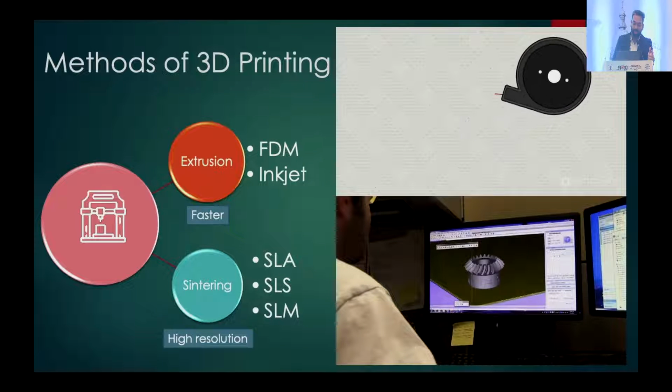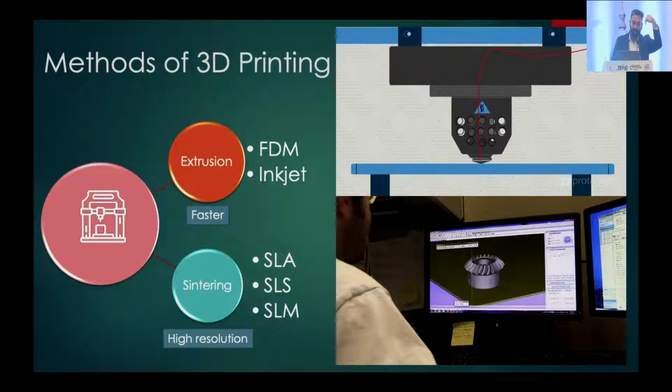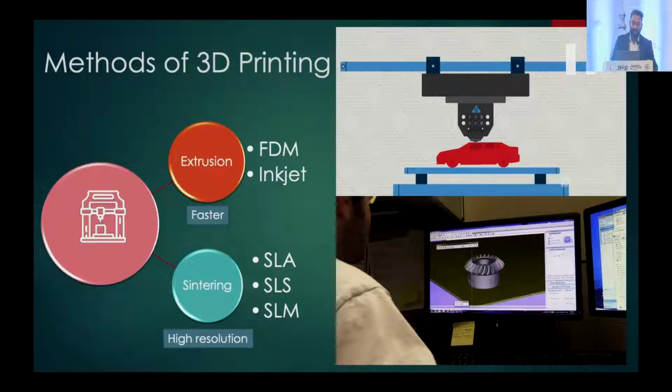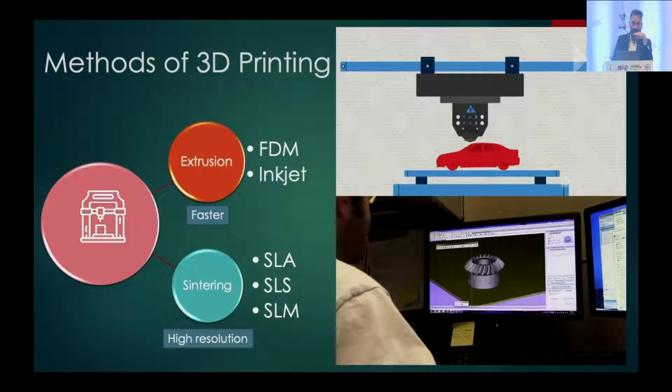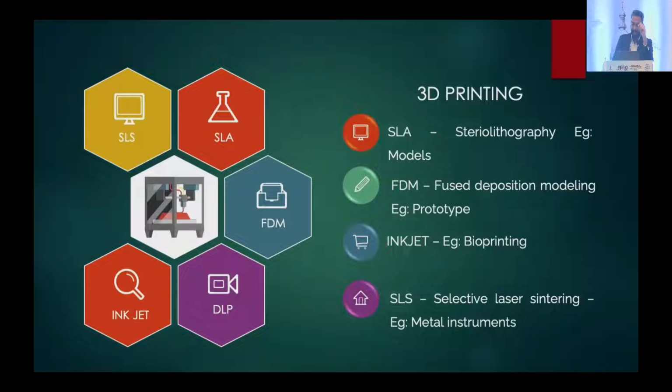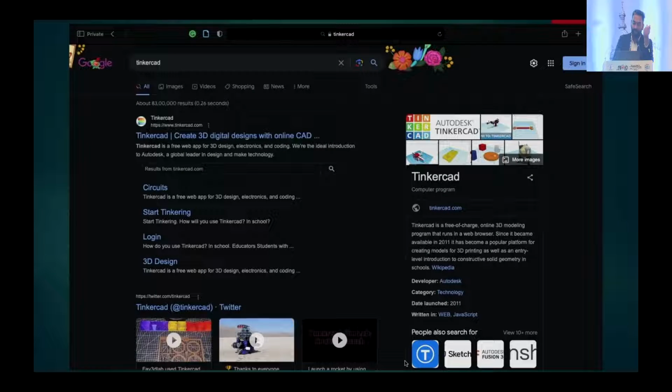One is extrusion, by which the filament comes out of the 3D printer and makes up the product. But then there is something called sintering, where a laser comes in and melts the steel or metal and makes a product out of it. So these are all the materials which can be used for making a product. SLA is one of the easiest, and for bioprinting we use inkjet.